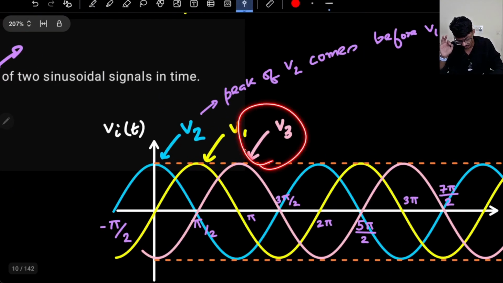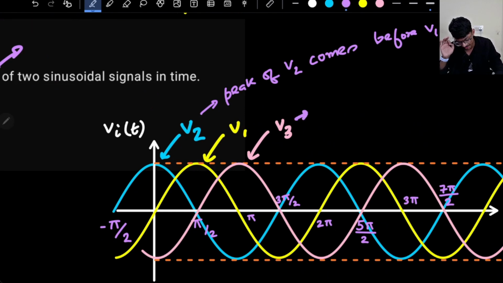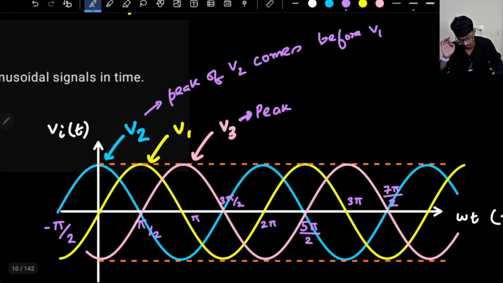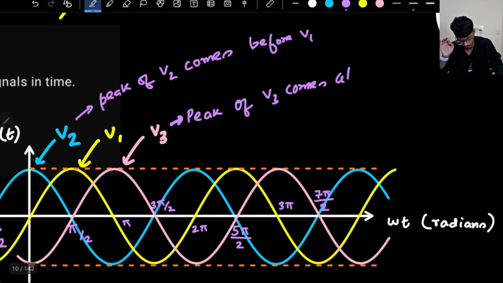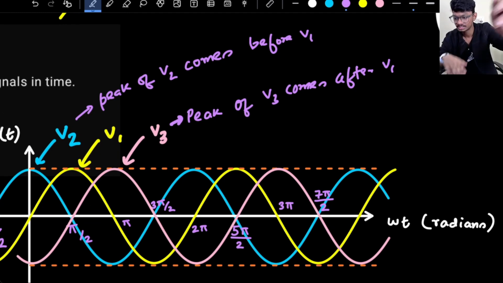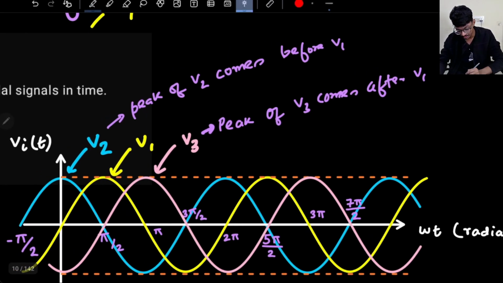What about V3? For V3, the peak of V3 comes after V1. Now we have terms for this kind of thing because this is a very well observed phenomenon in our AC circuits. The first term is that if something is happening earlier, that means it is leading.